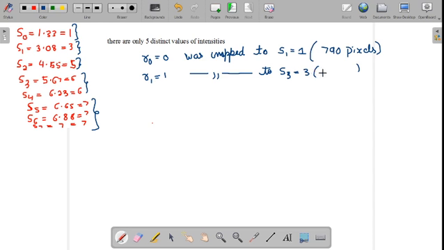How many pixels would be there? 1023 pixels. Okay, so it will be having 1023 pixels.